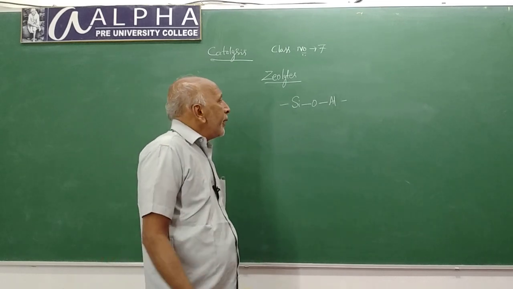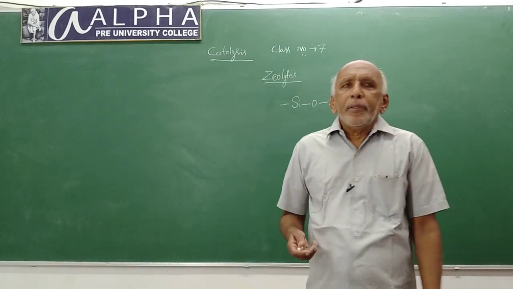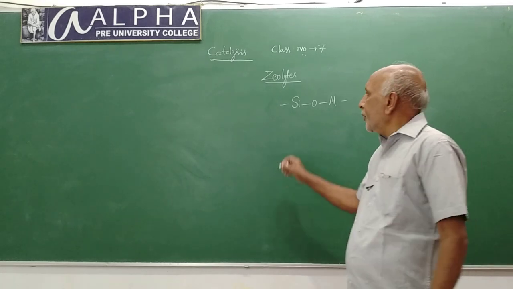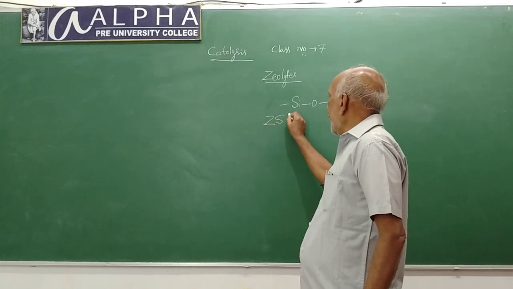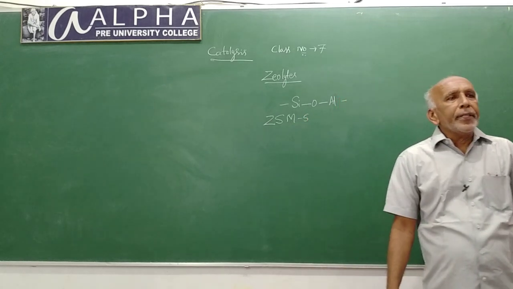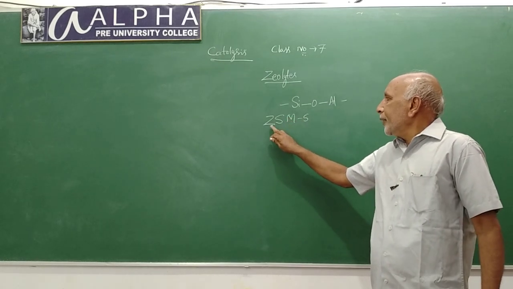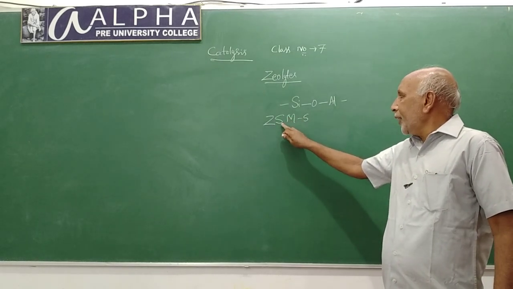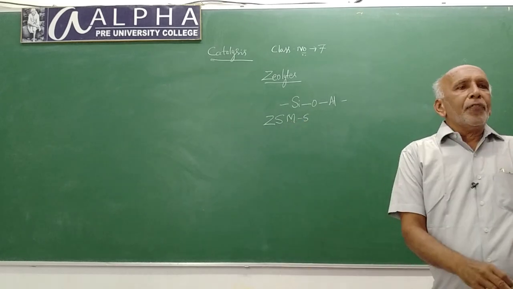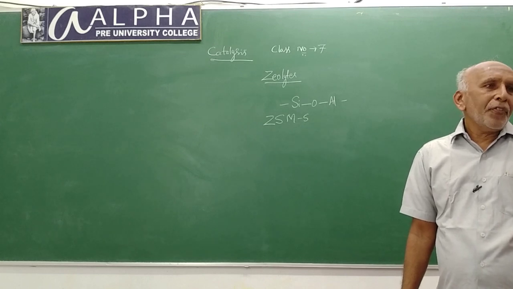The generally used zeolite as shape selective catalyst is ZSM5. ZSM5 stands for zeolite sieve molecular porosity 5.